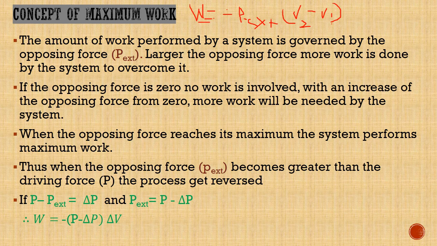If you recall the previous expression of pressure-volume work, that is PV work, we got one expression: W is equal to minus Pext, in brackets (V2 minus V1).